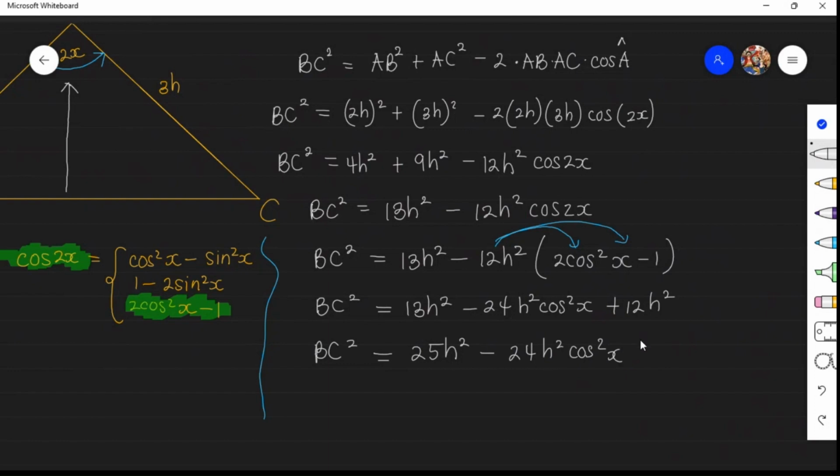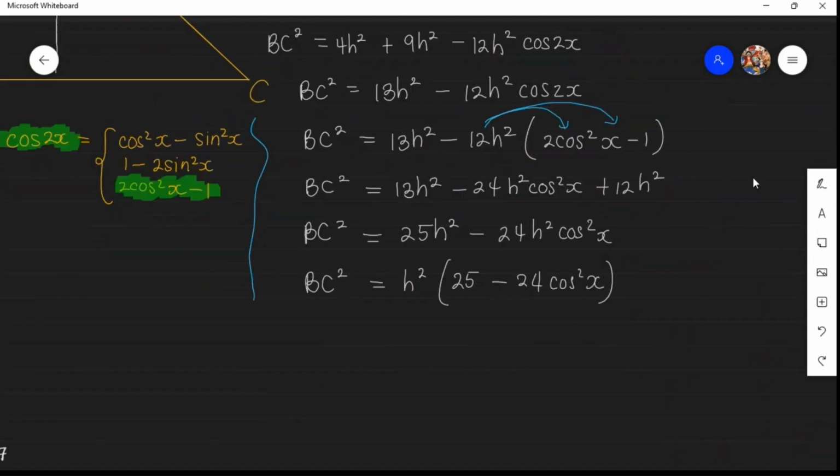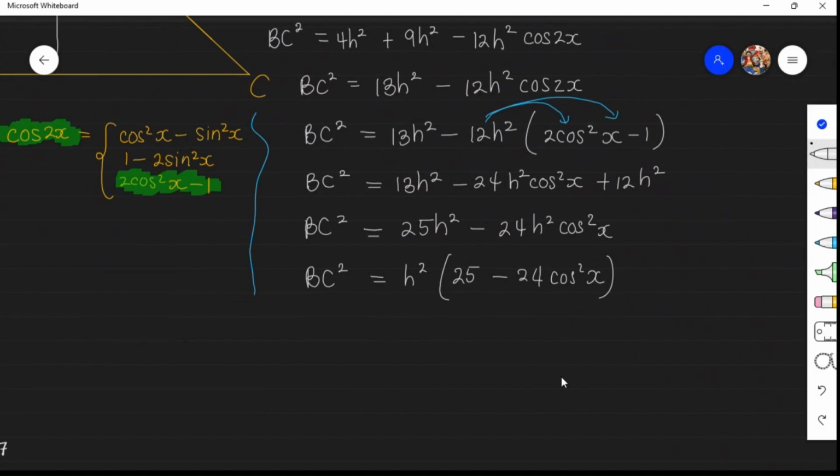Now we can see that we have a common factor of h squared. So we're going to take out that common factor of h squared and we'll be left with 25 minus 24 cos squared x. Now from here, in order for us to solve for BC, we need to square root BC. And if we square root the left, we know that we have to square root the right as well.